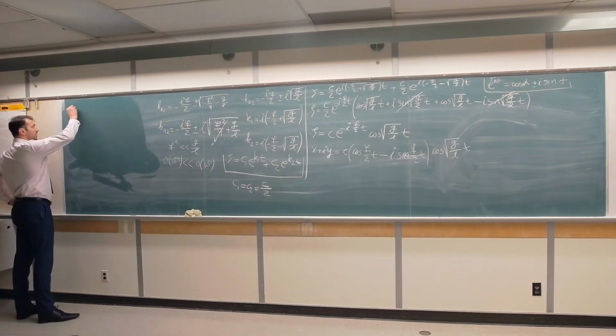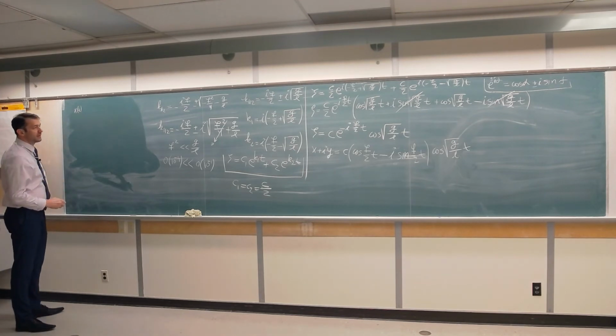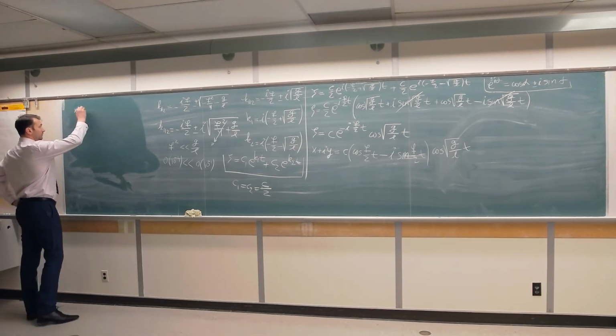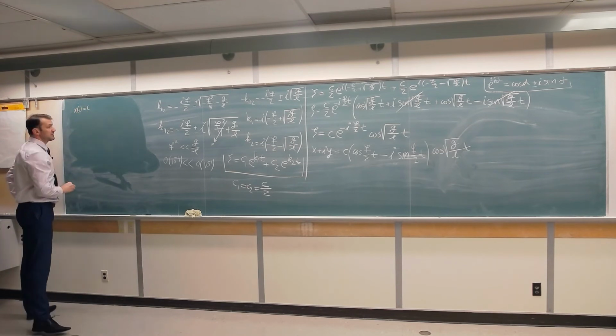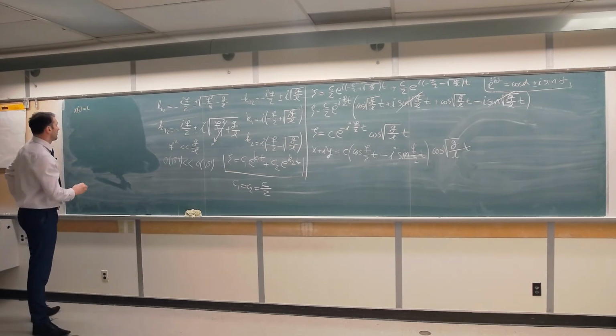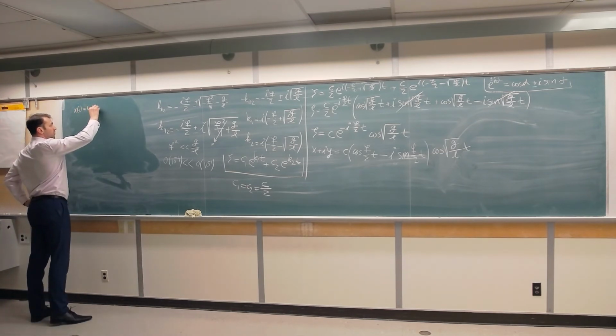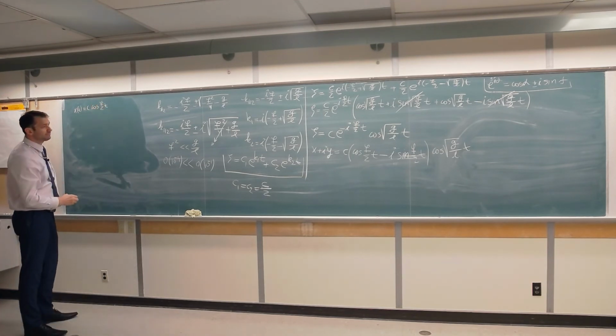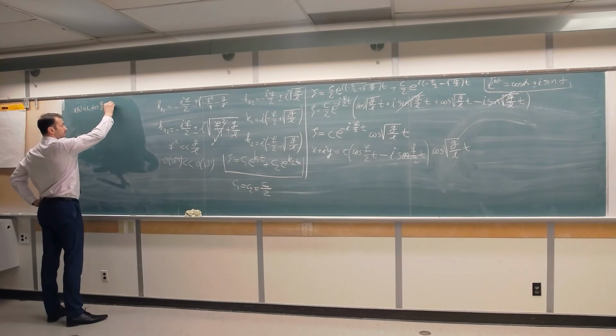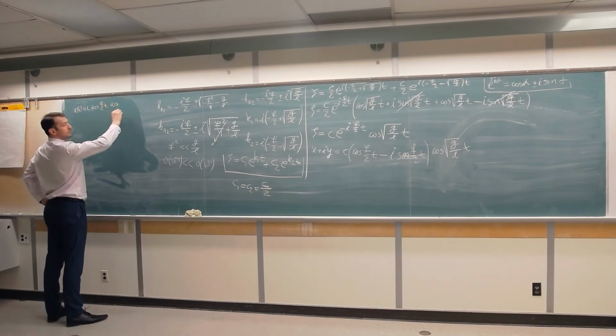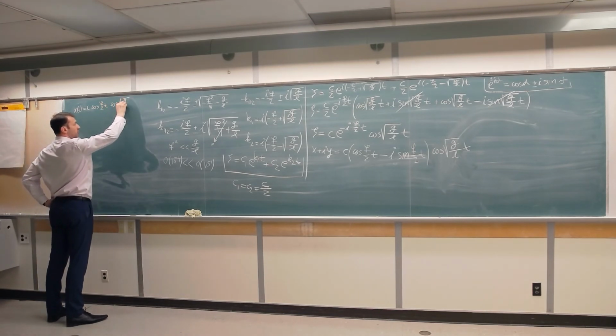Hey, look, x as a function of time is equal to some constant C cosine f over 2 times t times cosine square root g over L times t.